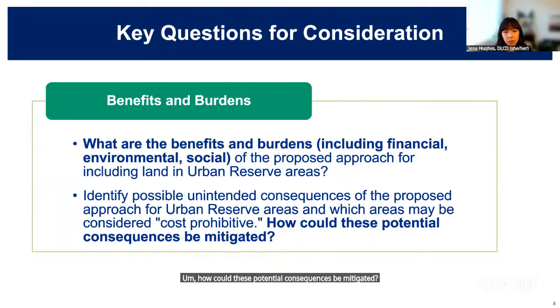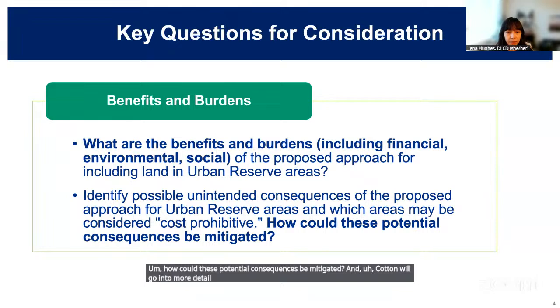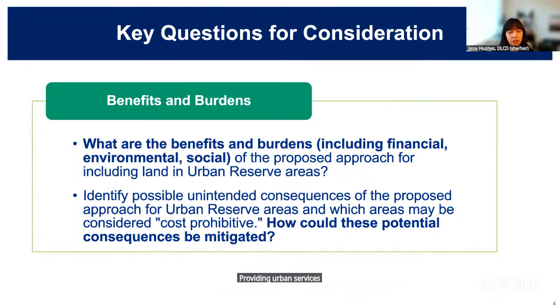Cotton will go into more detail on this topic during the presentation, but you'll notice in the memo, there is a provision to allow land to be given lower priority if providing urban services is not reasonable or cost effective.